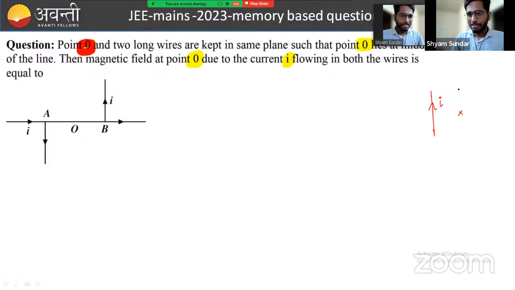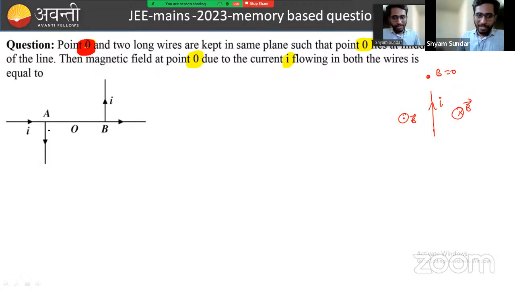At this point the magnetic field will be going inside, and at this point it will be coming outside. At this point, along the line of the current, exactly in front of it, the magnetic field will be 0. There is no field intensity in front of it.